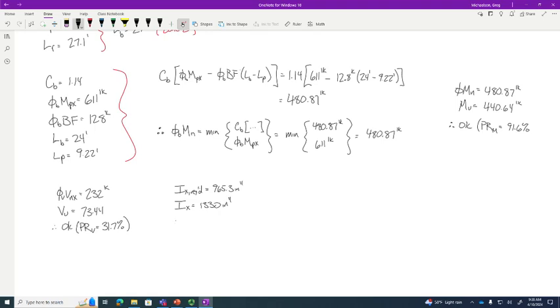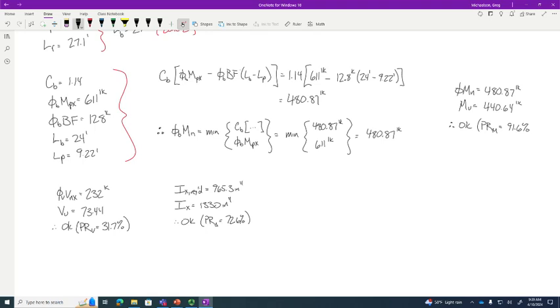So that's okay, and that gives me a performance ratio of just 72.6%. All I do is divide the two. That is a way of checking deflections.